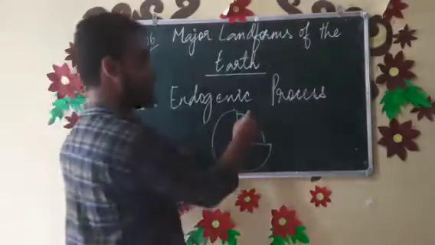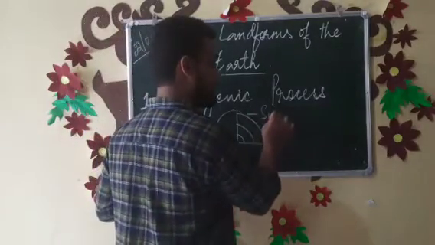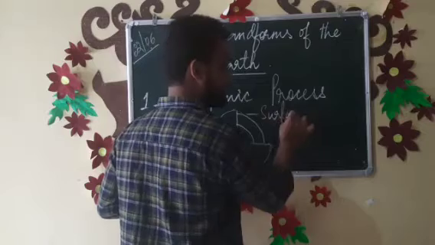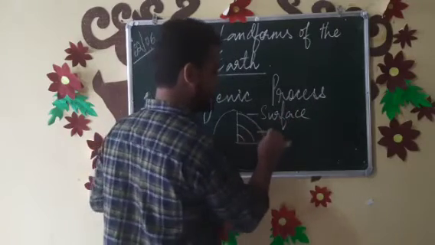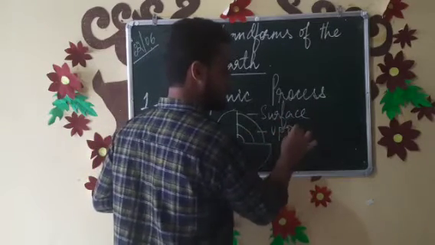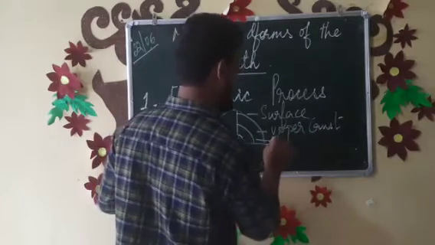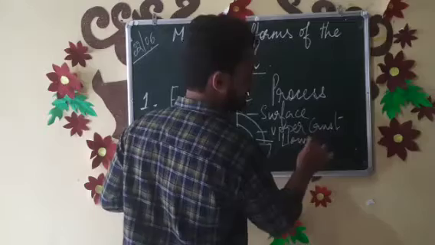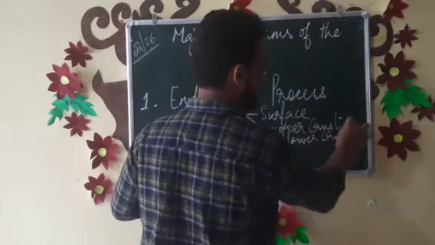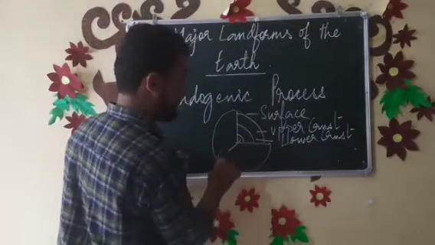Surface is the place where people live and build their houses. Surface, this is the upper crust, then the lower crust, and then we have the core.